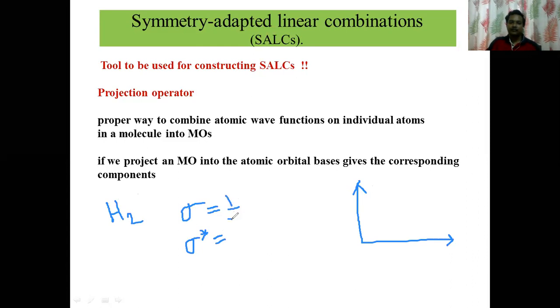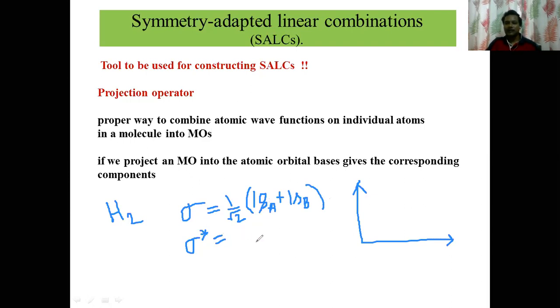By now you know this is going to be 1 over square root of 2 times 1s A plus 1s B. I hope you understand what I am talking about. So this is small 1s A, 1s B, and then this is going to be the minus combination. I'm not going to write this.